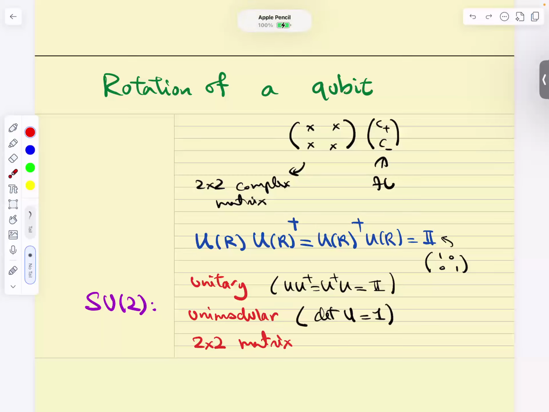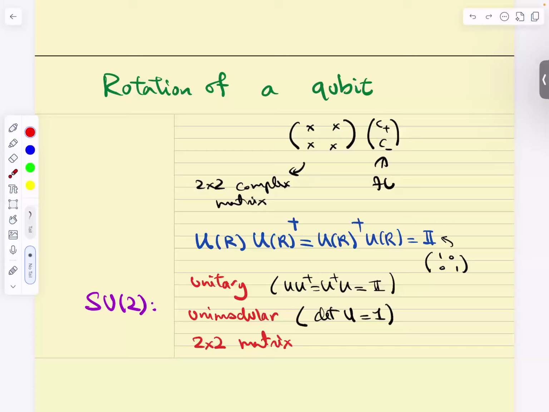Now, what is the name of the group that describes the rotations of a qubit? We modeled it by 2 by 2 complex matrices that are unitary. So they satisfy U U dagger equal to U dagger U equal to identity. I called them D, but now call them U. Okay? So now, by the same analogy, what is the determinant of U? If I take that U dagger U, this has to be 1, right?